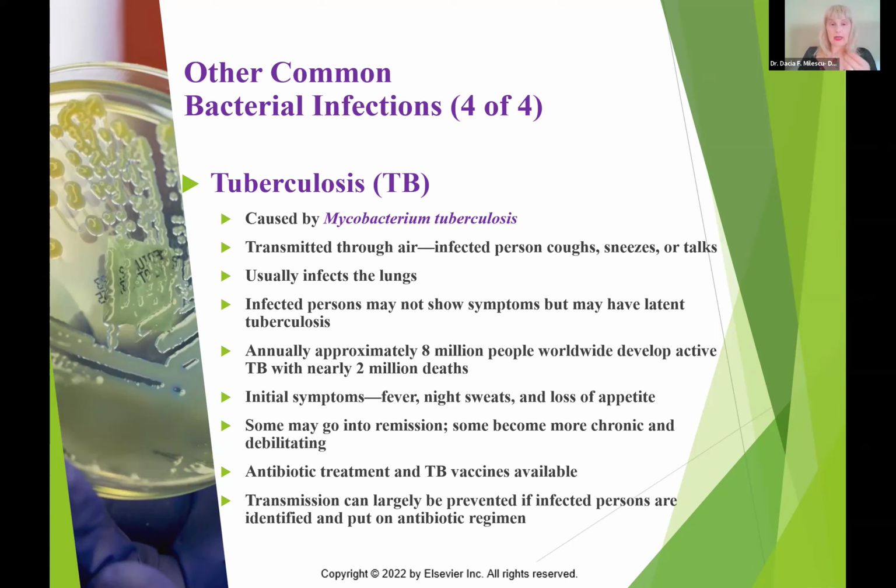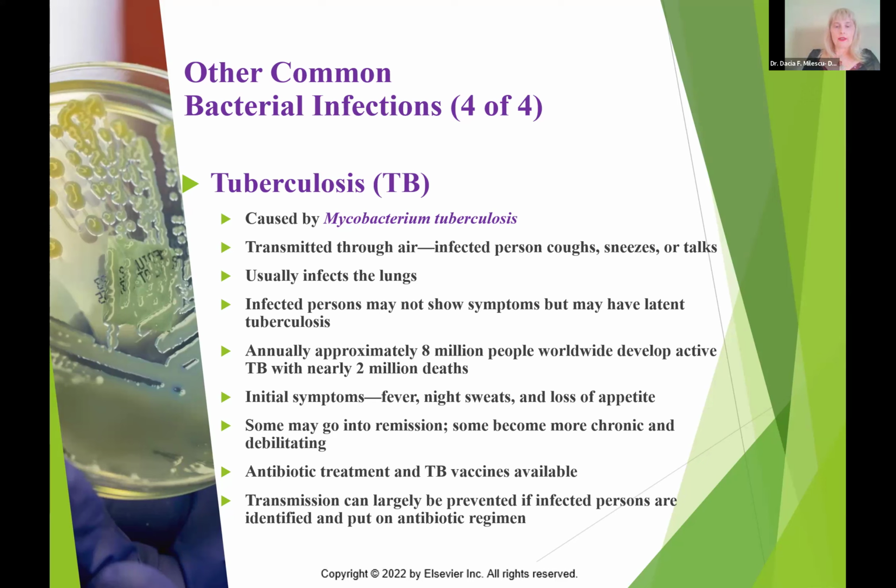As you know, we release saliva when we talk. It usually infects the lungs, although it can spread its spores and literally be latent even in the bone as a spore and then pop out and germinate years later. So infected persons may not show signs but have latent tuberculosis.